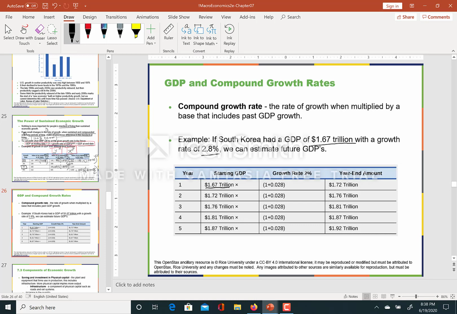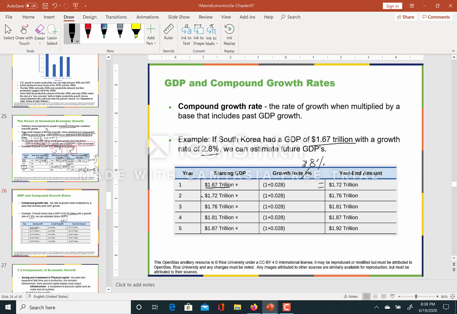Then we have 1 plus 0.028, the growth rate of 2.8%, and this is going to be equal to 1.72.